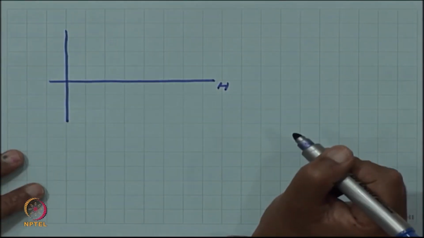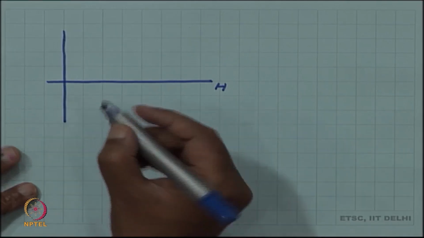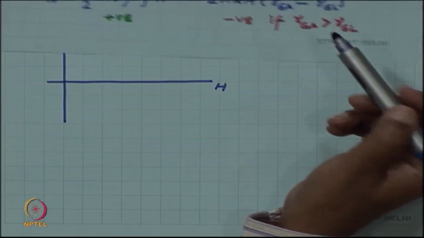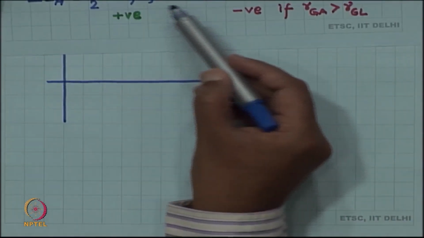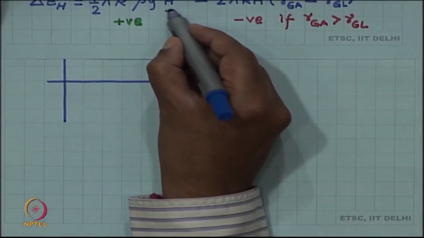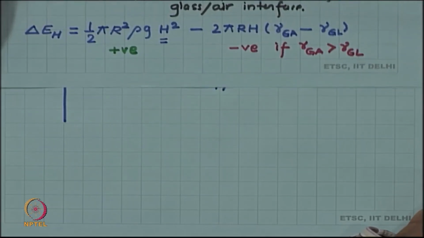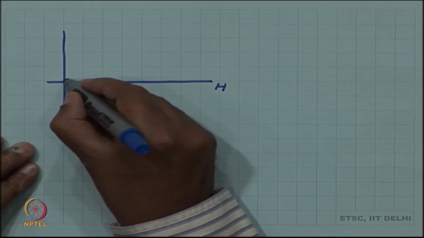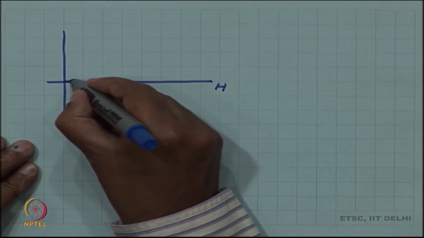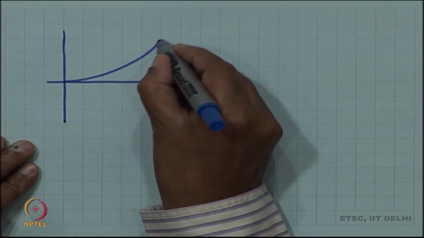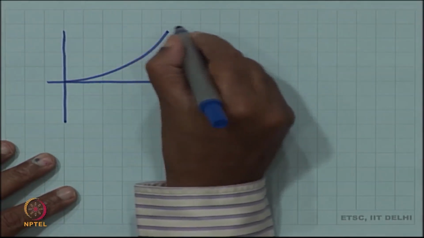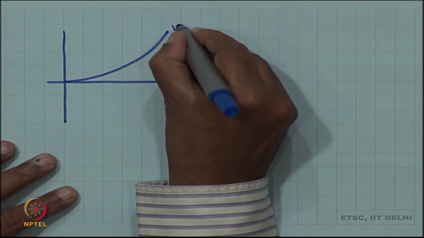We plot it as a function of the height, and we can see that we have a positive term which is proportional to h square, and this depends on the volume.